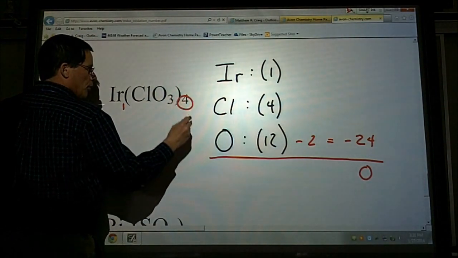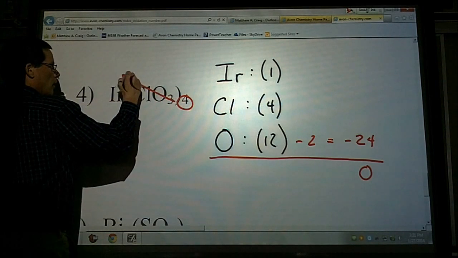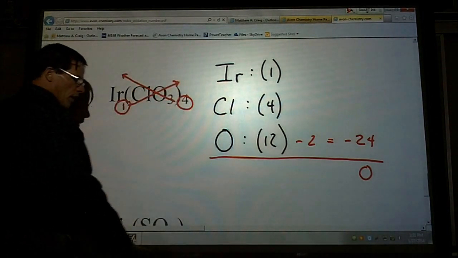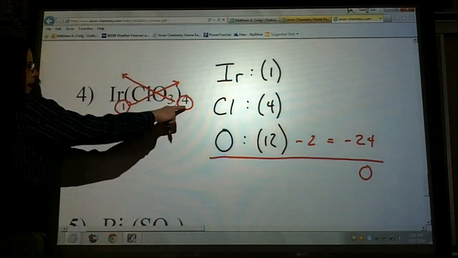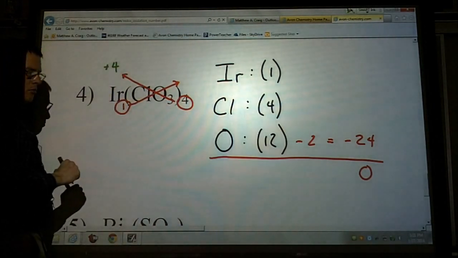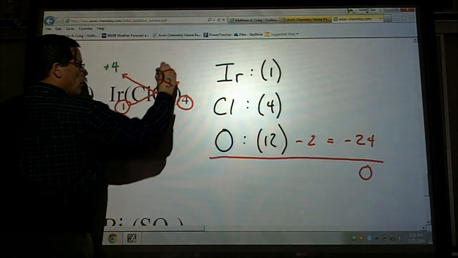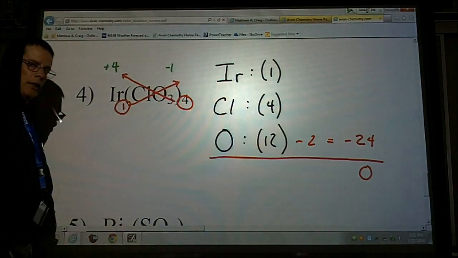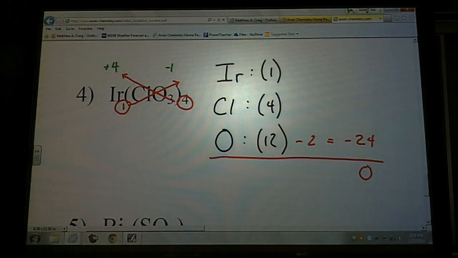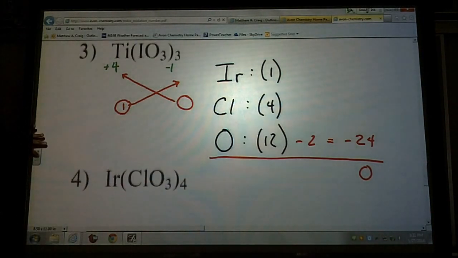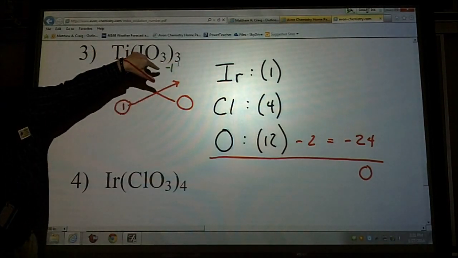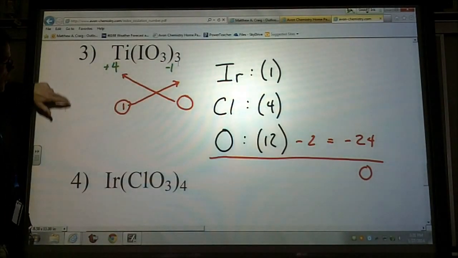I talked to you about this earlier, that if we switch places, in other words, if I say, all right, well, I have a 4 here, so that means that this has a +4 charge. Looks good. This has a -1 charge. That's a really good piece of information to use. It's very, very beneficial. In other words, if you look at the others, like titanium we said had a +3 charge, and the iodate had a -1. Ooh, that's really nice.